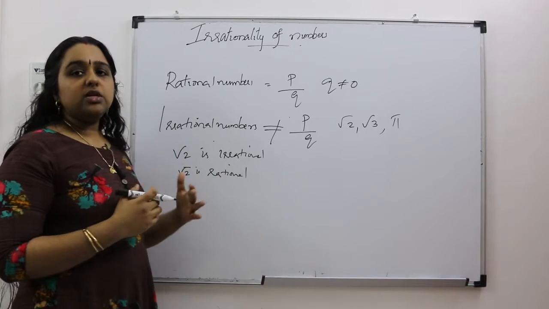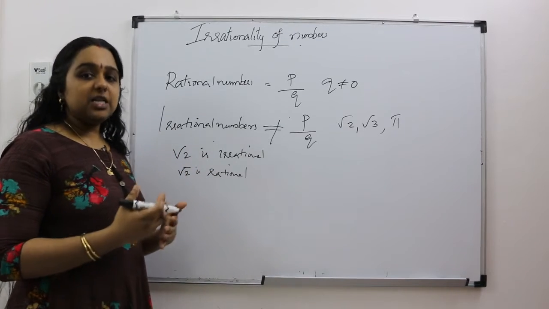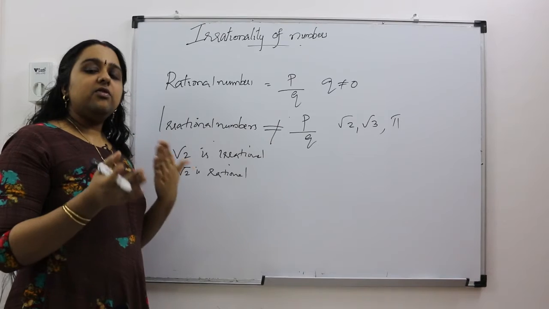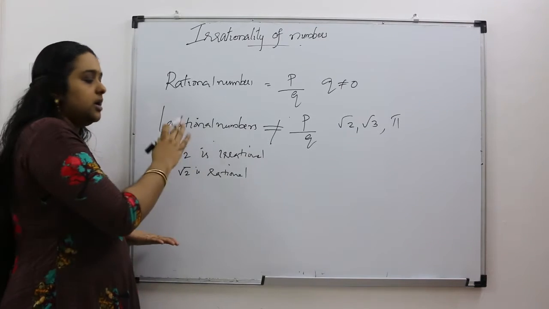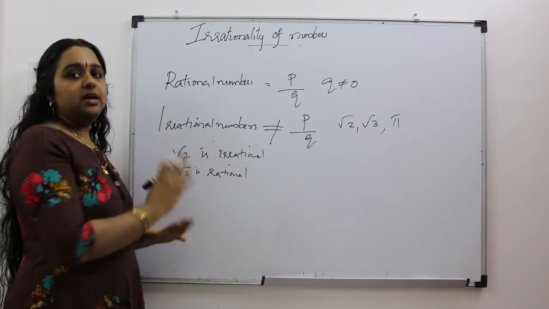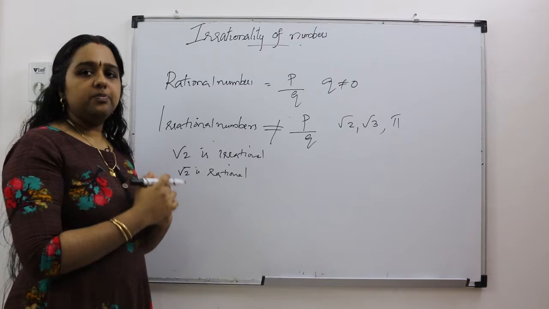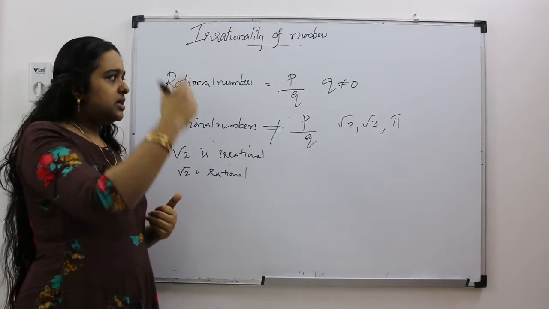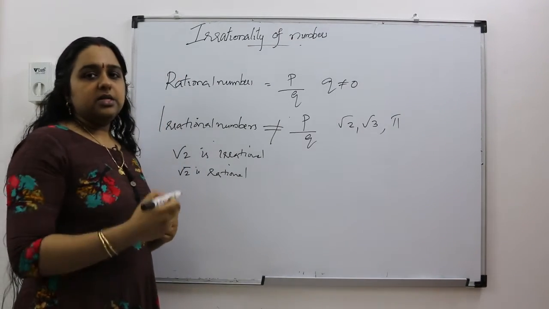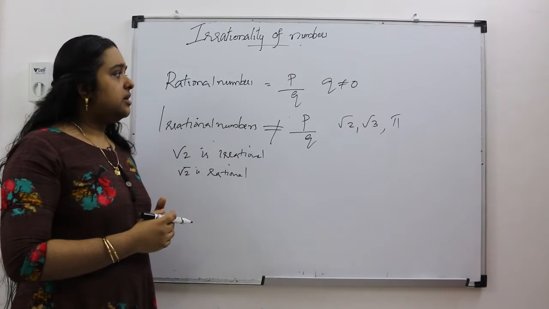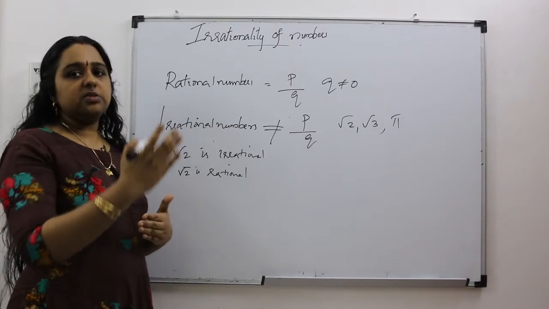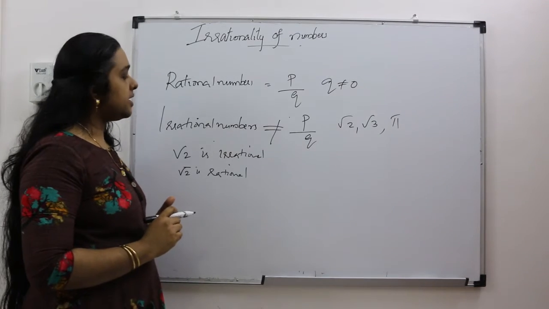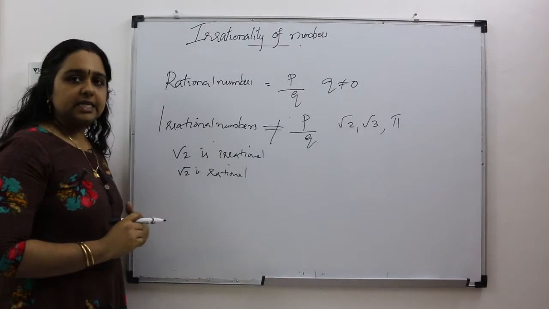We have to assume these numbers as rational first, and from that we will reach a conclusion. I will do it in the problem. There are many steps, so you need to write all the steps as per the full theorem. So let's discuss that.